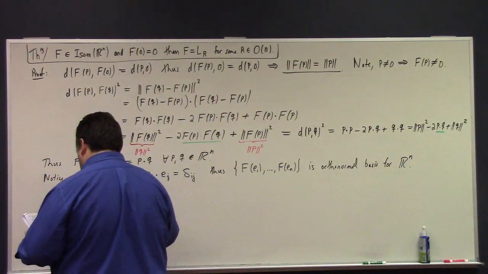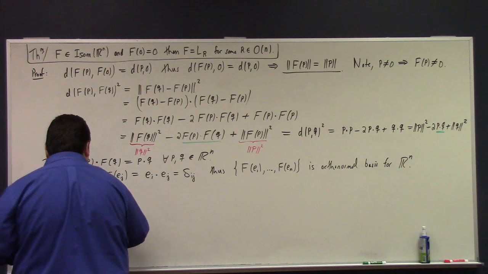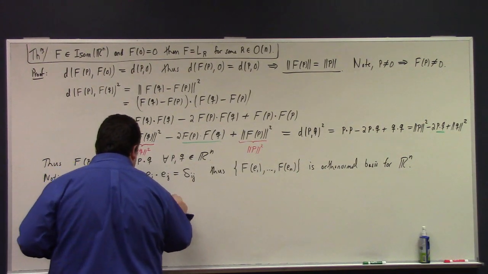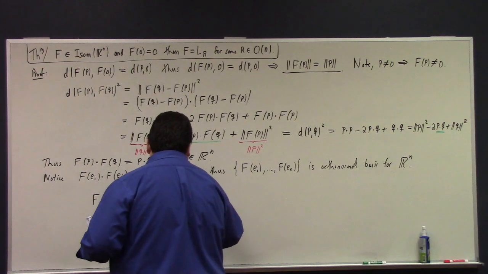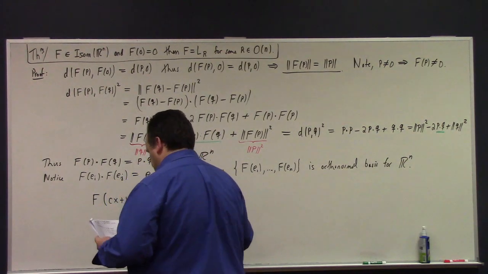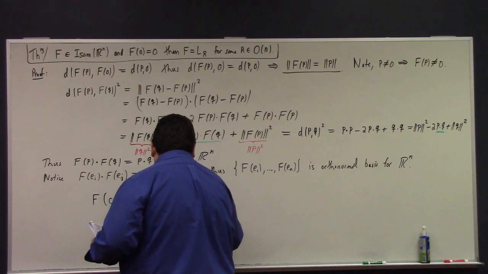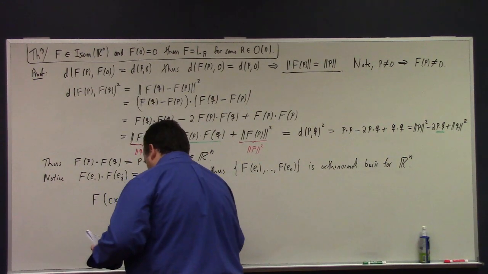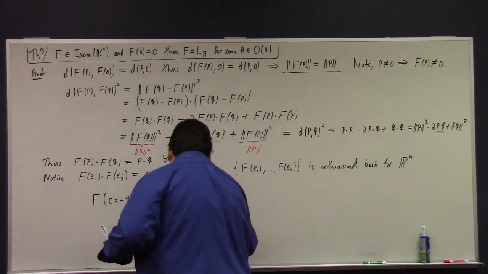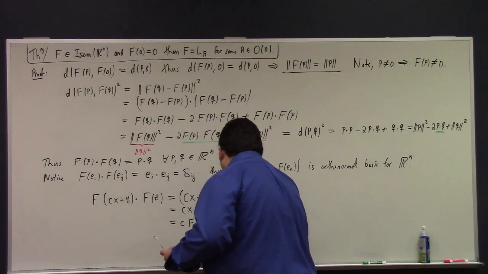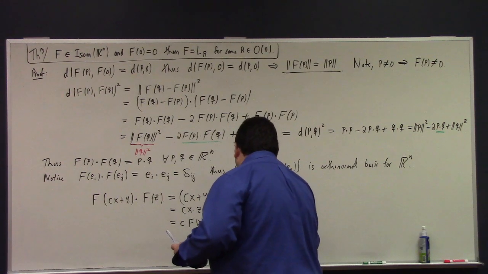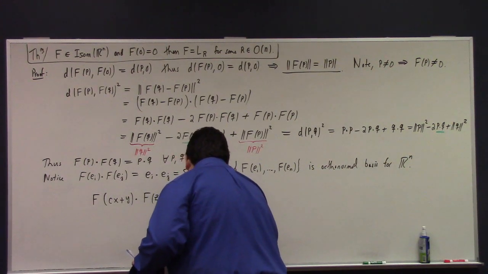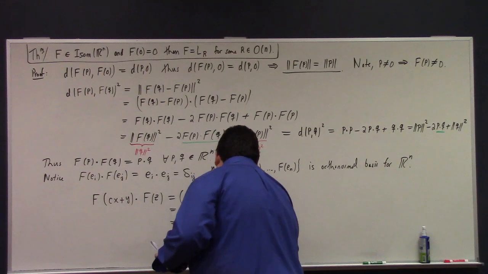So check this out. We've got f of (cx plus y) dot f of z is equal to (cx plus y) dot z, which, by the properties of dot product, is cx dot z plus y dot z, which is c times f of x dot f of z plus f of y dot f of z, which is equal to (c f of x plus f of y) dot f of z.